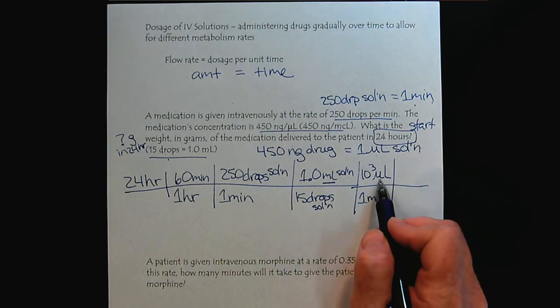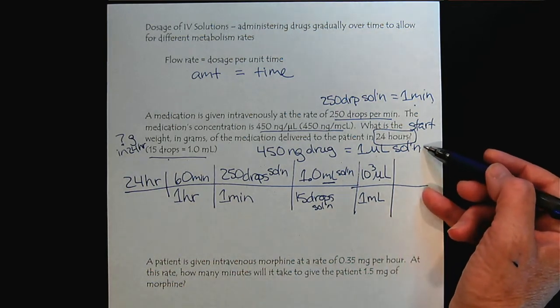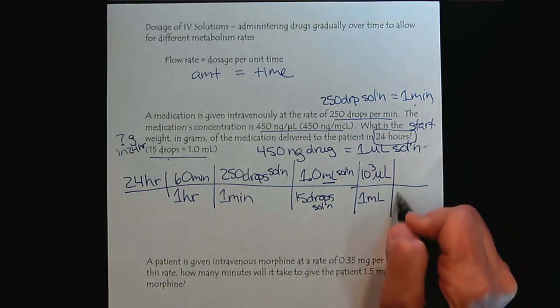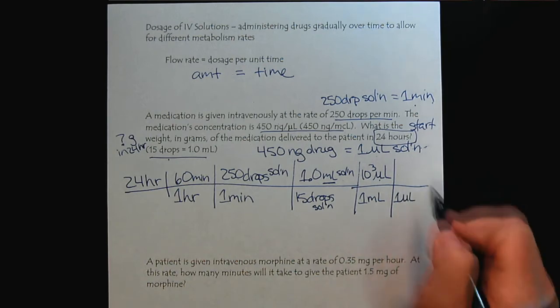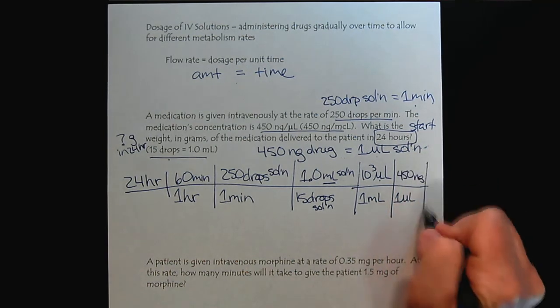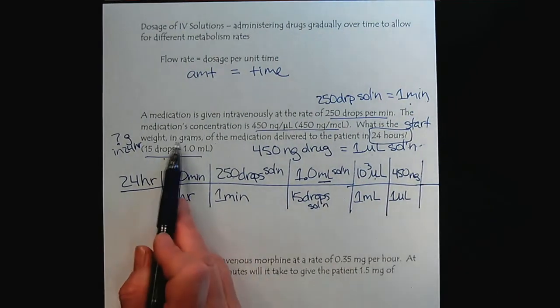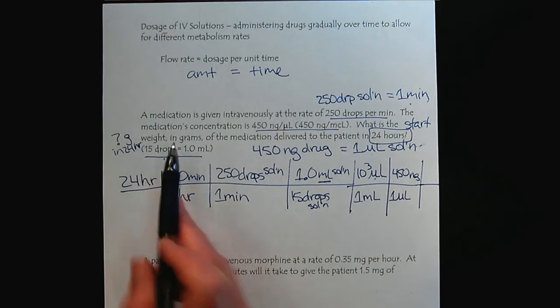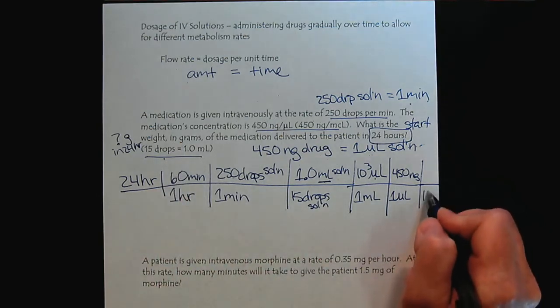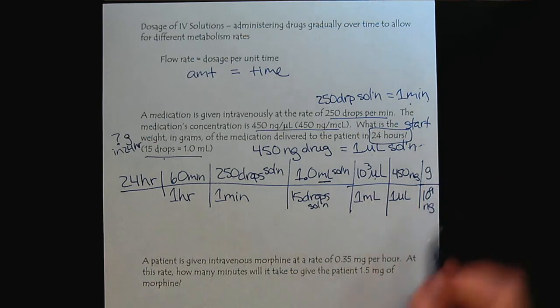Okay, so now that we're in microliters, we can look at the concentration of this IV solution. For every 1 microliter, there's 450 nanograms. And then we'll squeeze in here at the very end. The question wants the answer in grams, right? So there are 10 to the 9th nanograms in a gram.